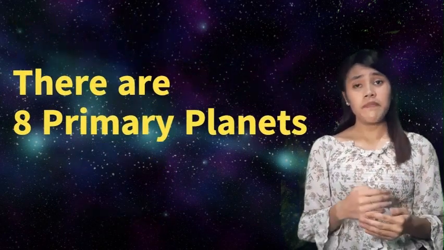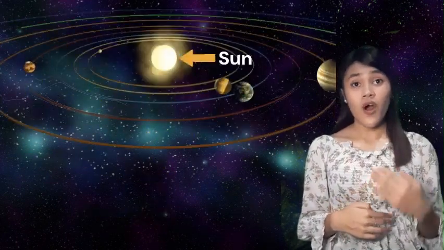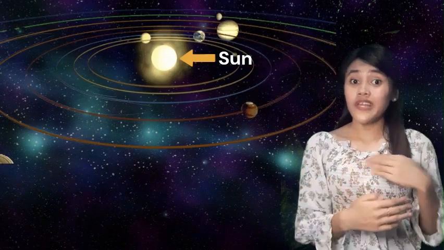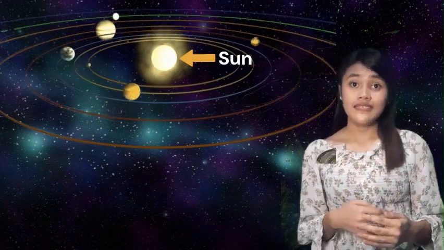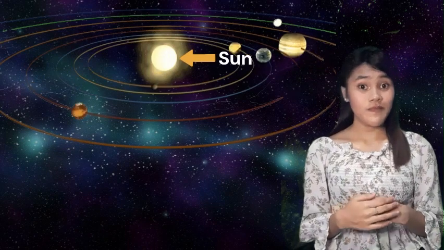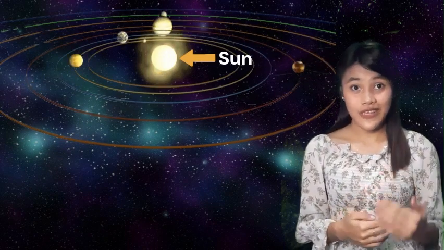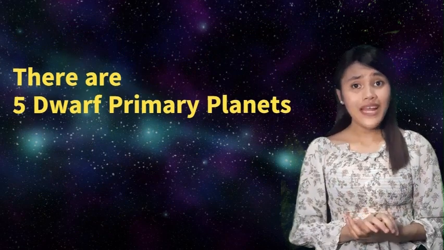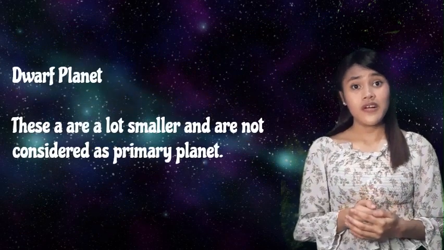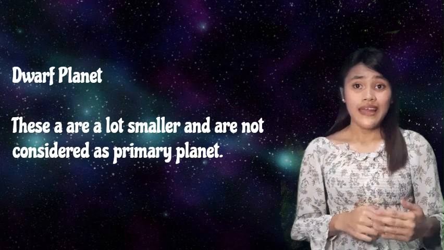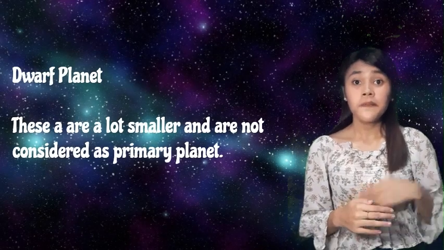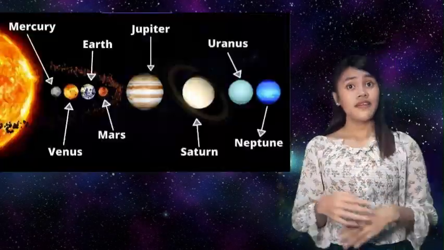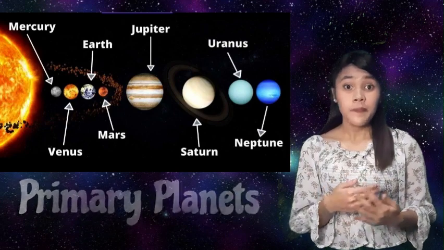These are the main planets that you think of that are circling around the Sun, and these are the planets that we're gonna be studying in this video. And then, there are 5 dwarf planets. These planets are a lot smaller and not considered primary planets.